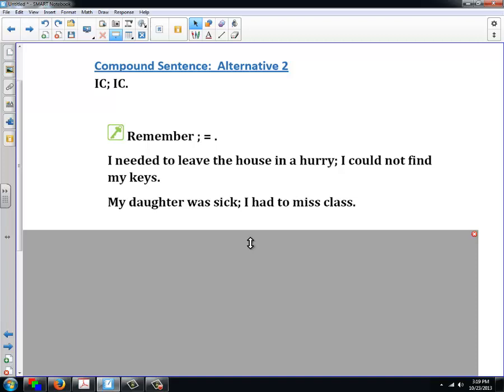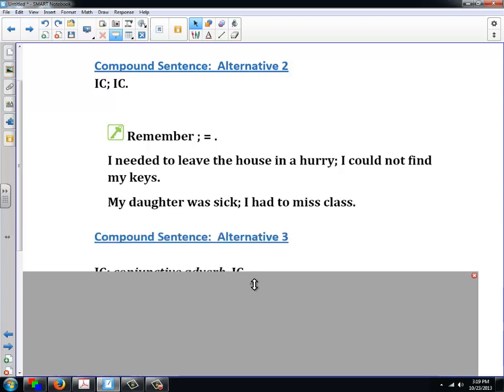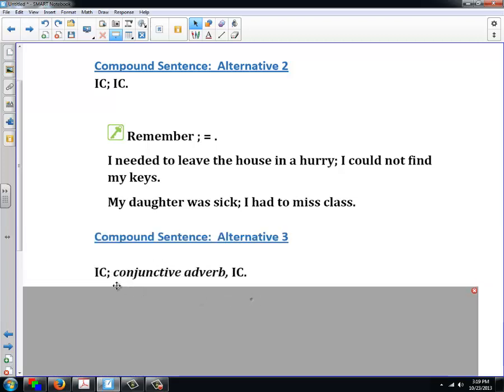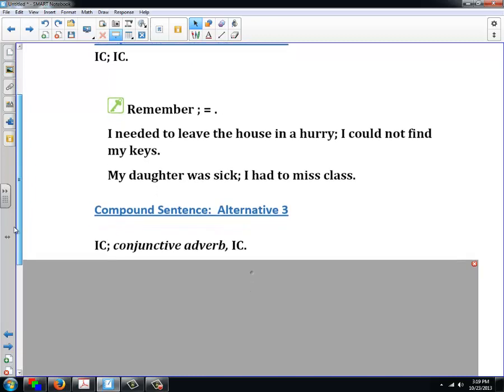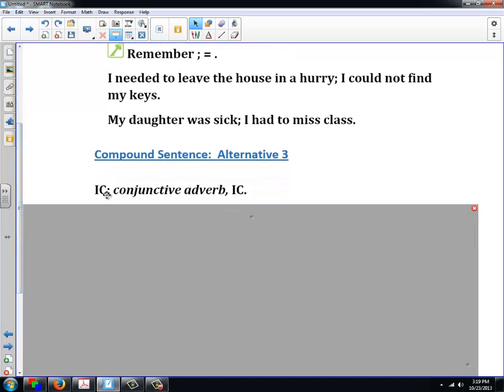Now, you can also use a semicolon, I'm sure you've tried this in your sentences, to create a compound sentence by setting up your independent clause, using the semicolon, using a conjunctive adverb followed by a comma, followed by another independent clause. Now, conjunctive adverb sounds like a big word, and it's not to confuse you.